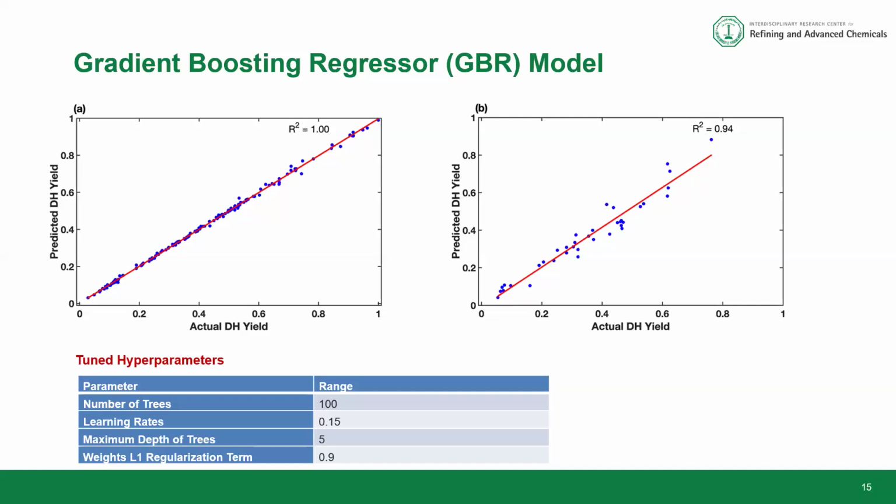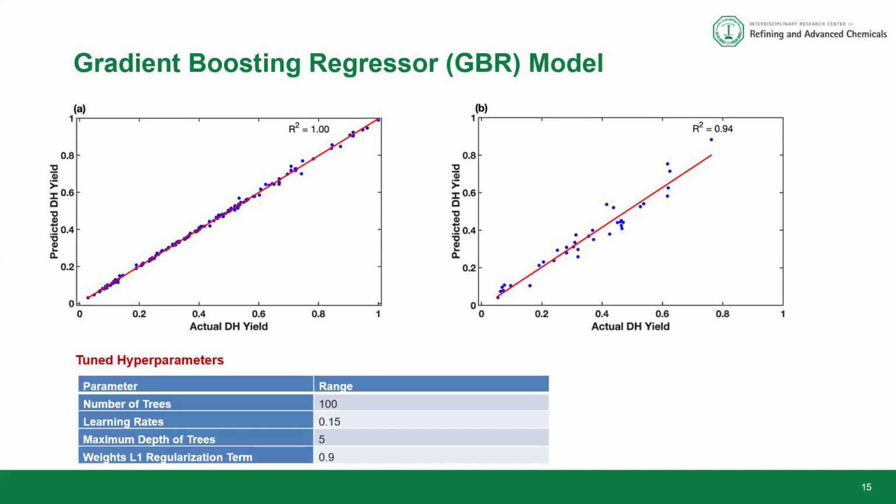Again, we tried another ensemble model, which is the gradient boosting regressor model. The tuned hyperparameters are the number of trees, the learning rate, the maximum depth of trees, and the regularization term.